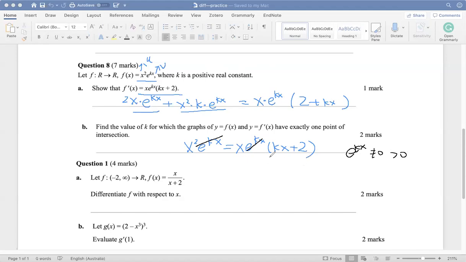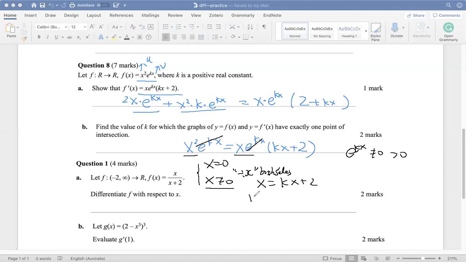But for the next one, you just need to make sure, because both sides have x, you have to consider a different case: x equals 0 satisfies both equations. Then when my x is not equal to 0, I can divide both sides by x, so it becomes x equals kx plus 2.